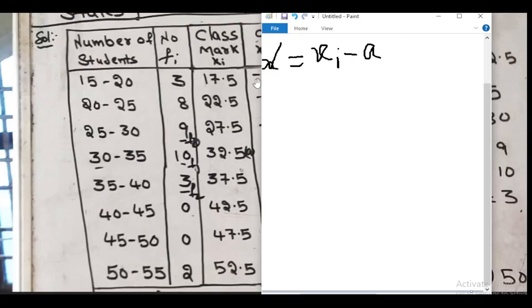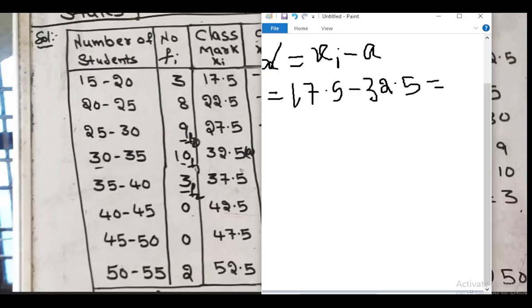So xi here is 17.5. From 17.5, we subtract the assumed mean 32.5.